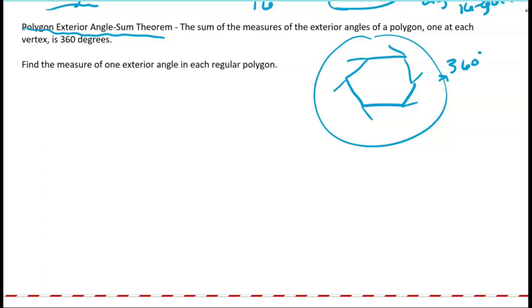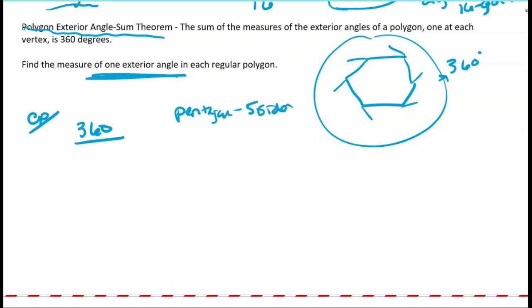So in order to find the measure of one exterior angle, all you have to do is take 360 and divide by the number of sides you have. So if you had a pentagon, how many sides? Good, 5. Then you would take 360 divided by 5, and your exterior angle would equal 72 degrees.